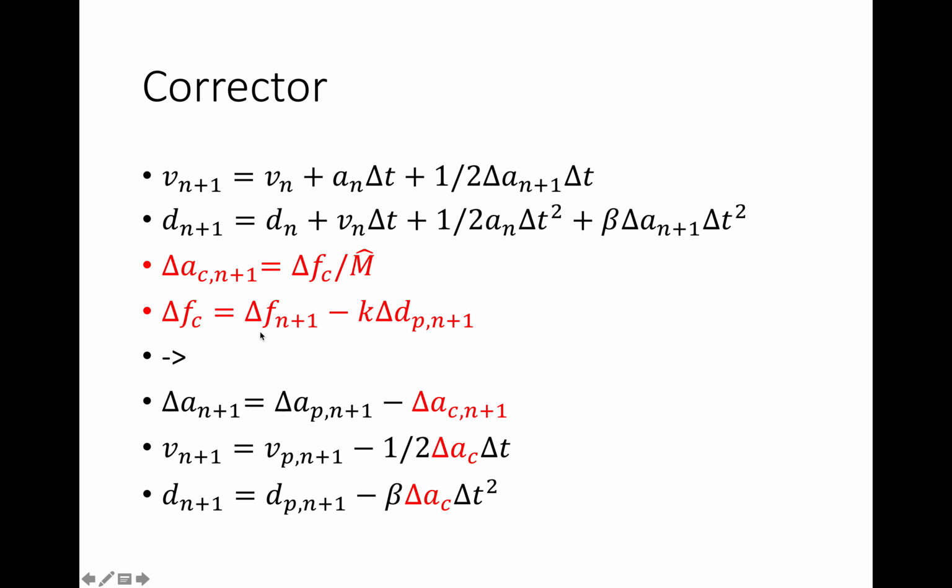This part is the real incremental of force, and this part is the predicted incremental of force. So the real delta An plus 1 equals the predicted delta An plus 1 minus the corrector. And Vn plus 1 is the same thing, predicted minus half. Remember, this part has a correction with delta AC n plus 1, and this part has a correction of delta AC n plus 1 times beta delta t squared. So we can update our response by this equation.